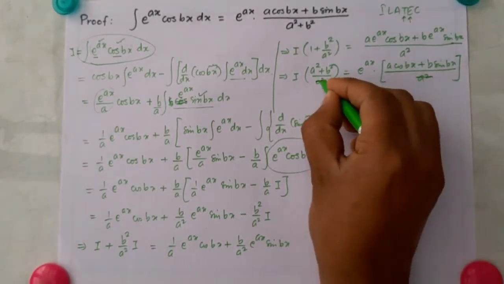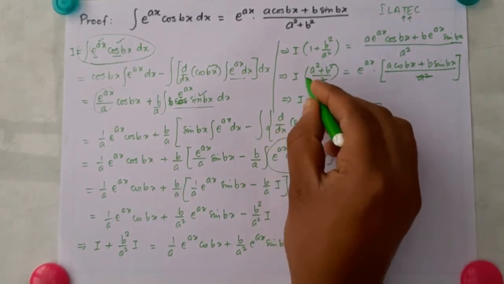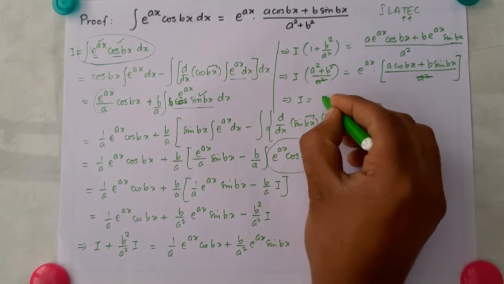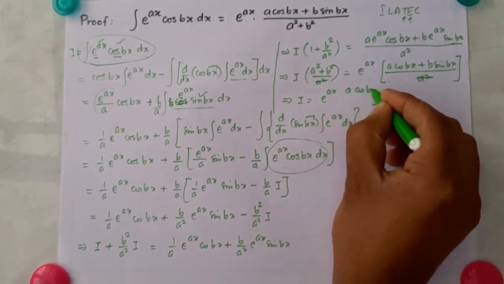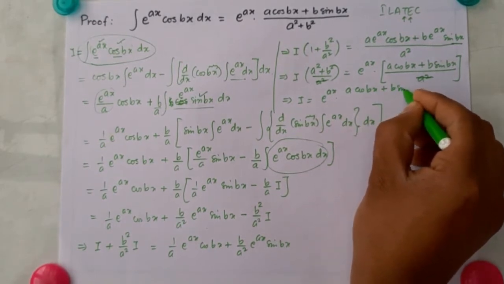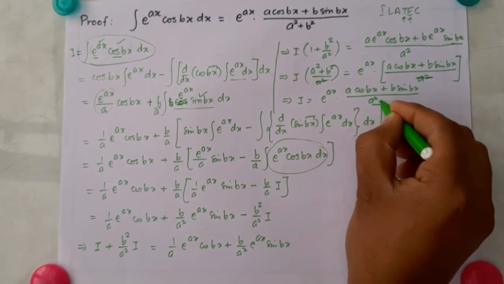And a square gets vanished. So from here you see that I turns out to be only I. So we have e to the power ax into a cos bx plus b sine bx. Now this a square plus b square goes to the denominator.